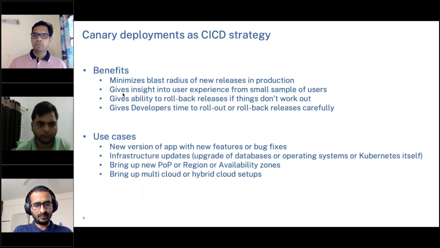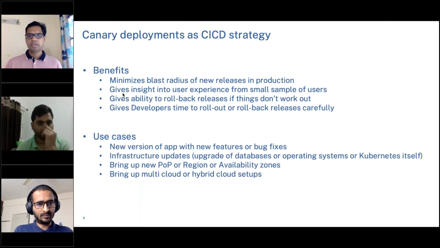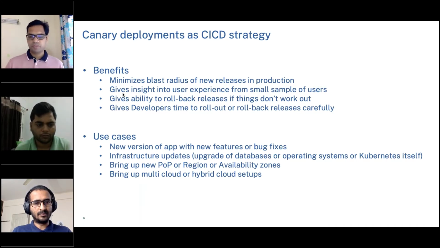Or if you are bringing up a new availability zone or a point of presence, or if you are really charting new territory, like going to a new cloud altogether or starting with a hybrid cloud deployment such as Azure Stack Hub, AWS Outposts, or Google Anthos. You can use the Canary deployment to get your feet wet and see if everything is working fine or not, and then incrementally increase the traffic on the new app or the new infrastructure.